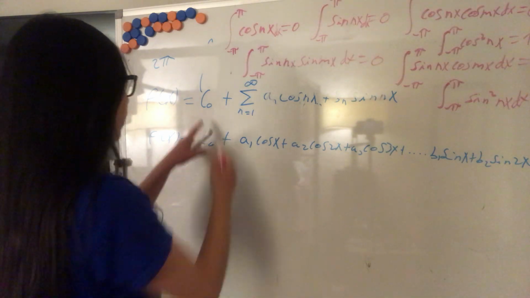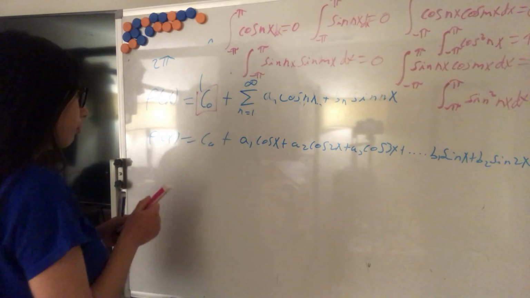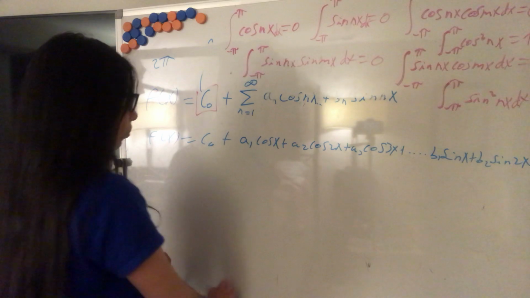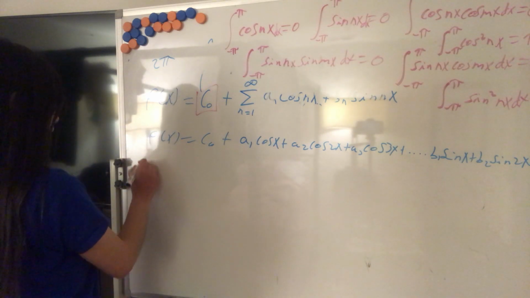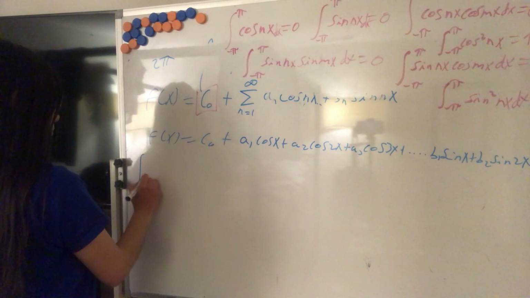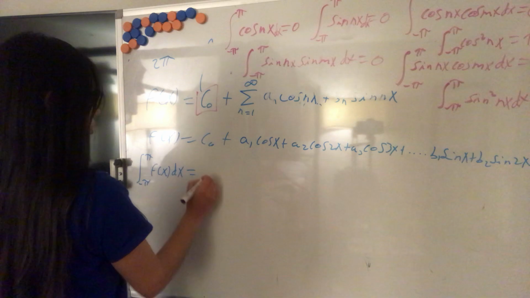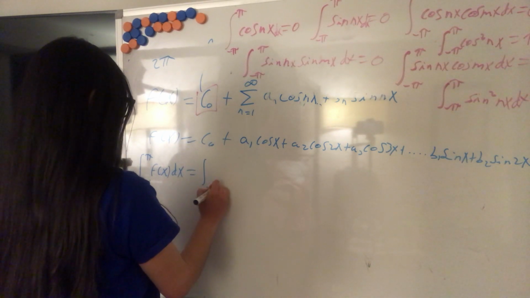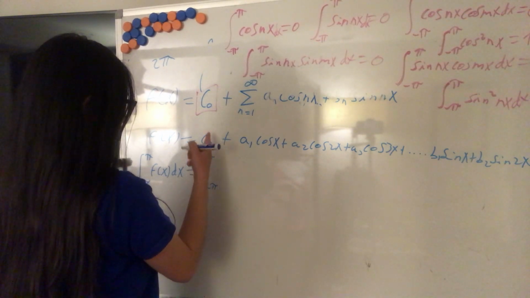So let's first find this constant term. Let's integrate the function. We have the defined integral from minus pi to pi of f(x) dx is equal to the integral from minus pi to pi of this.